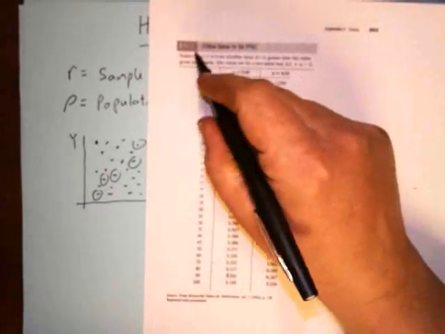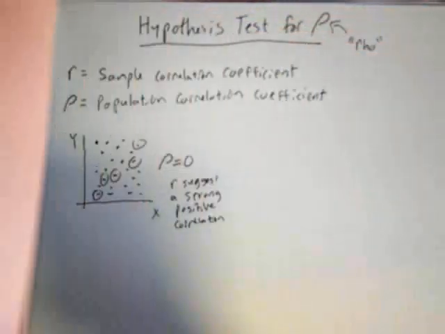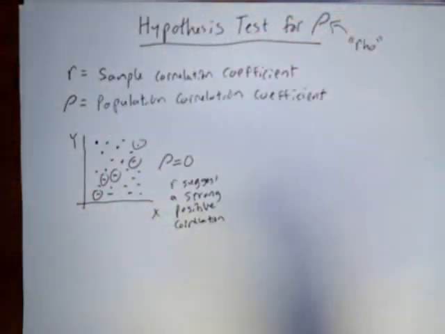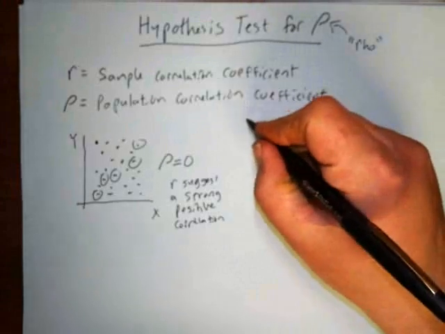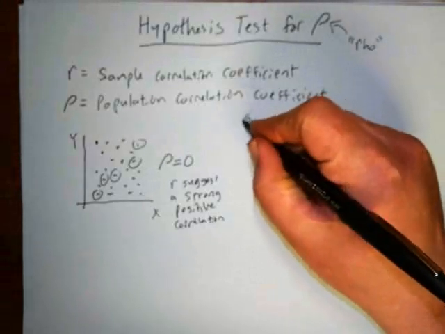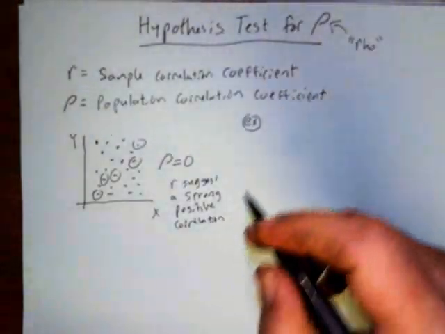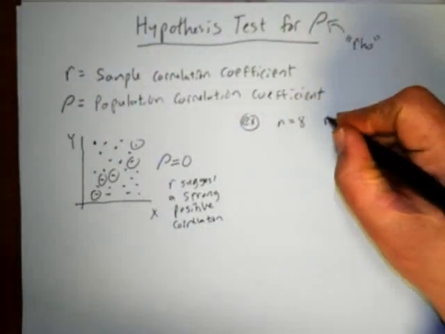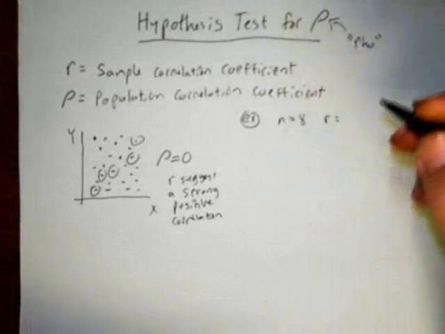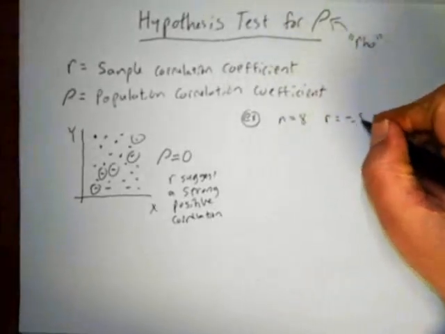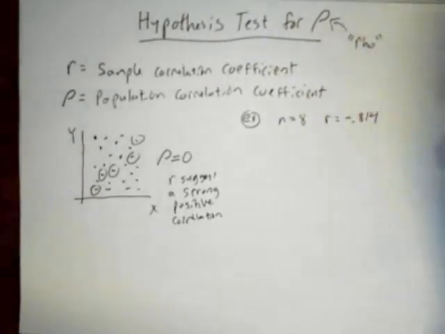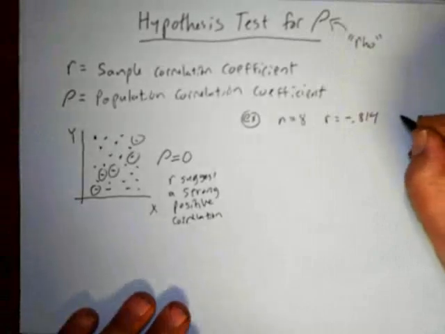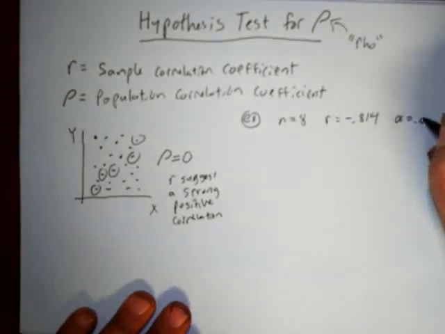You use this table, and as you can see here, H naught is just rho equals 0. Let me write some information that we're going to need. Let's say I take a sample of 8 values of a population, and my r is negative 0.814, and I'm going to test this at alpha equals 0.05.